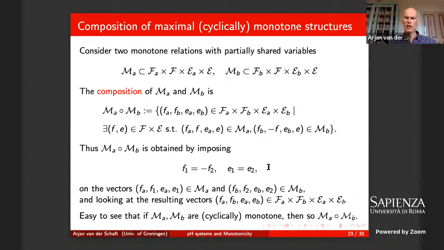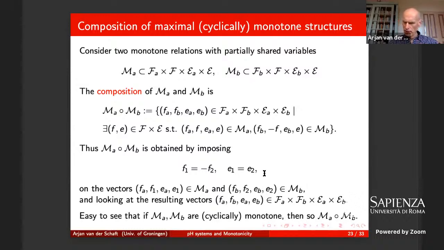In other words, we set F1 to be minus F2 and E1 equal to E2.